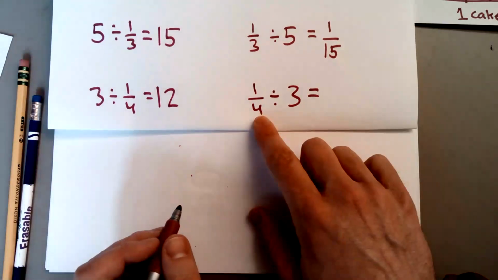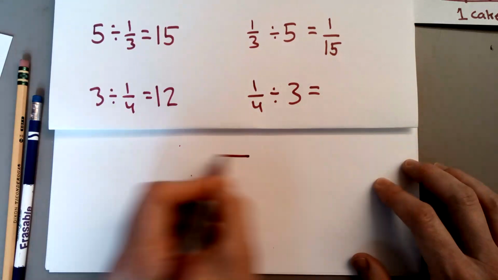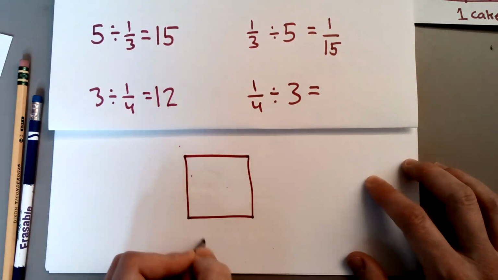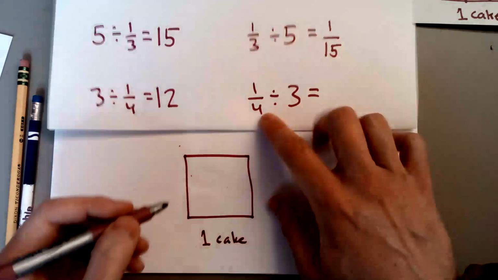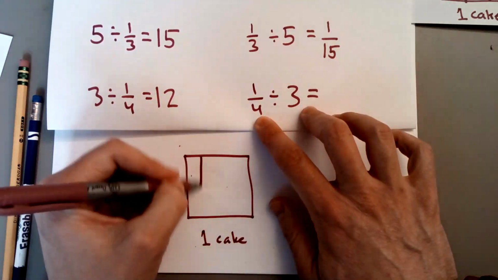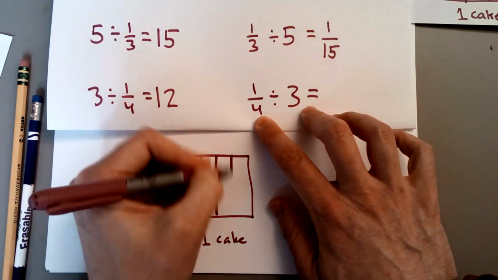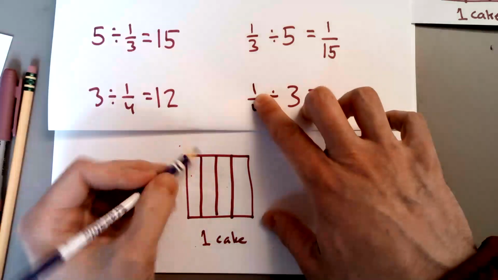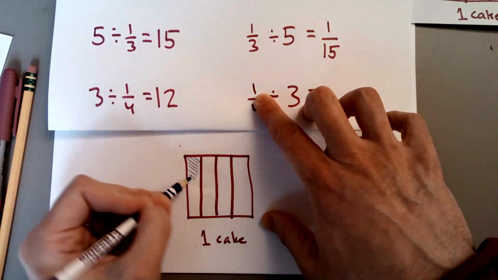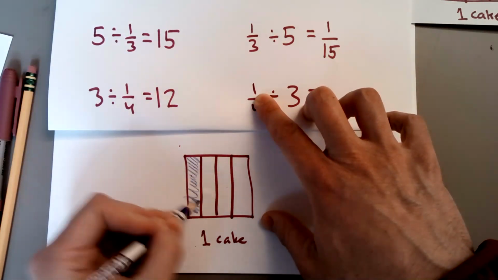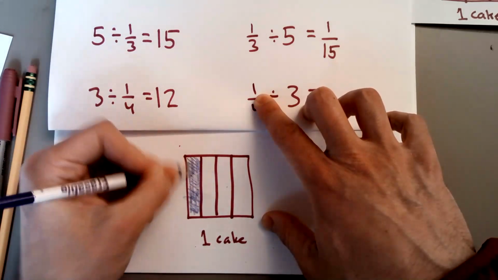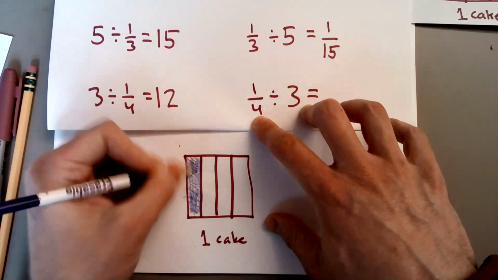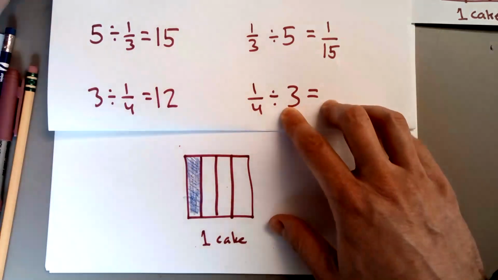So again, we're starting with 1/4, so that is less than a whole. So say again, this is our 1 cake, this picture here. But now I only have 1/4 I'm starting with. So I'm making 4 columns, and I'm going to shade one of them because I only have 1/4 of the cake to begin with. Now I'm dividing this 1/4 into 3 even pieces.